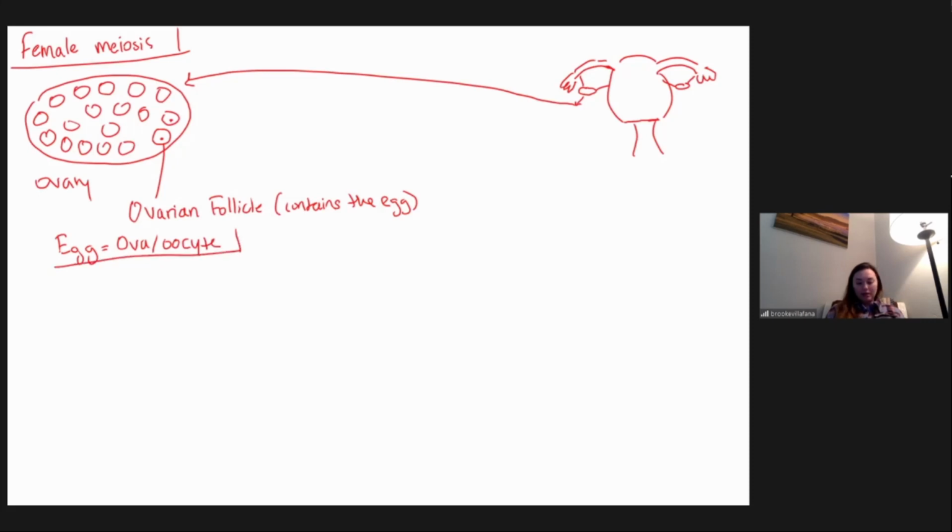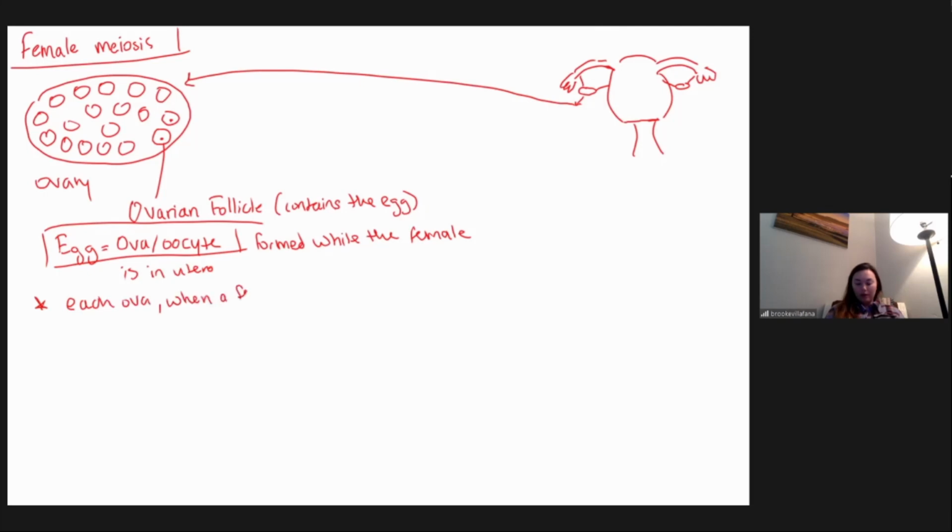And these ova or oocytes are formed while the female is in utero. So basically the second that female baby is born, all of these ova or oocytes are filling up the ovaries.